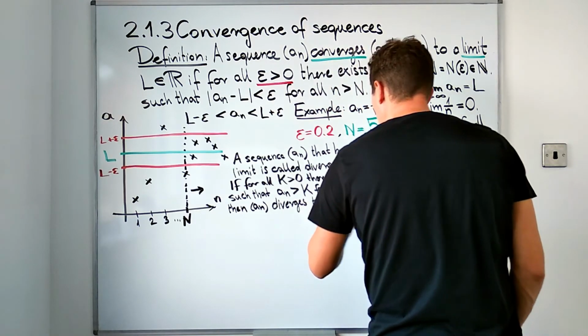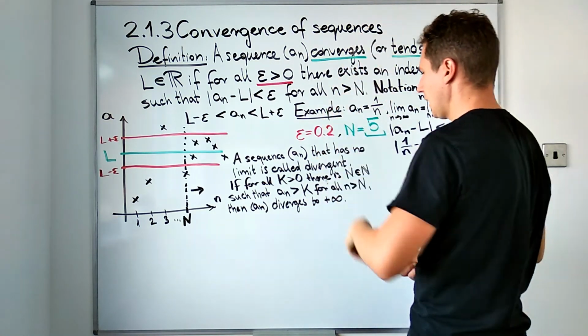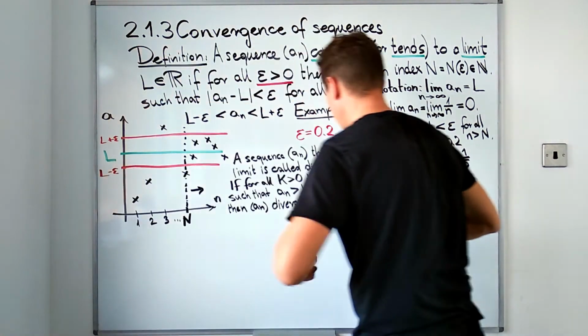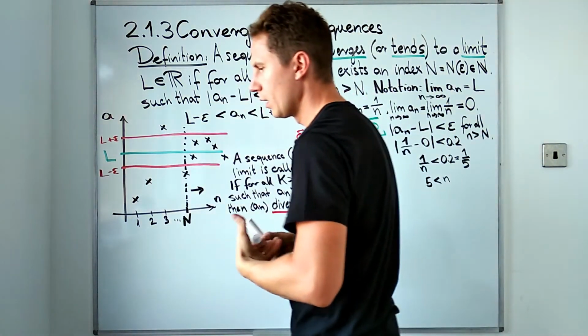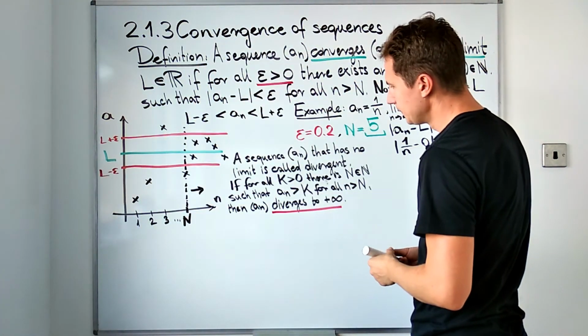So this is what we say when a sequence gets greater and greater. We say that it diverges to plus infinity, and there is no upper limit to a sequence. It just grows and grows beyond any ceiling.